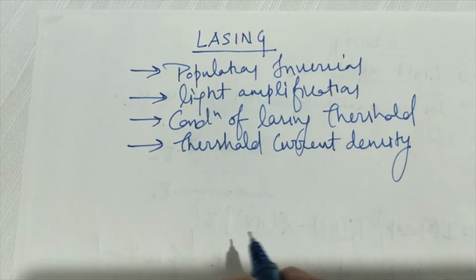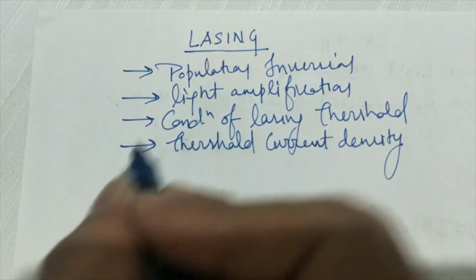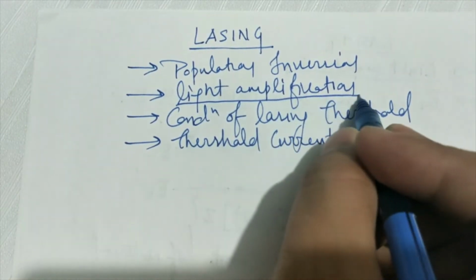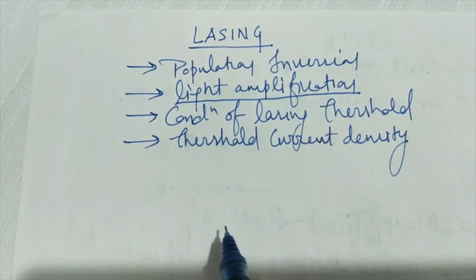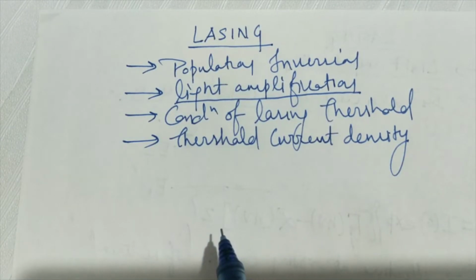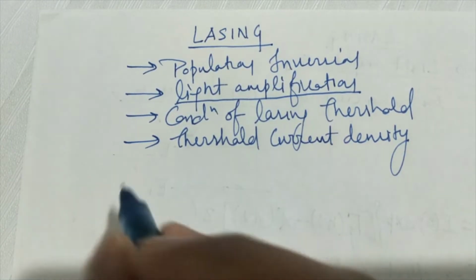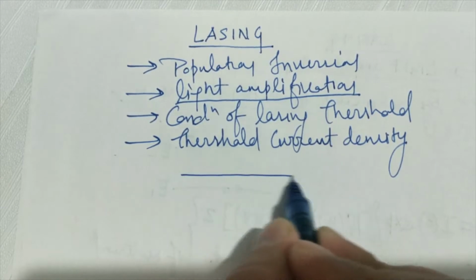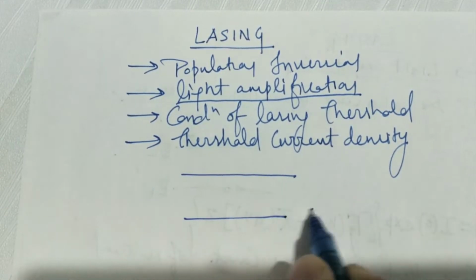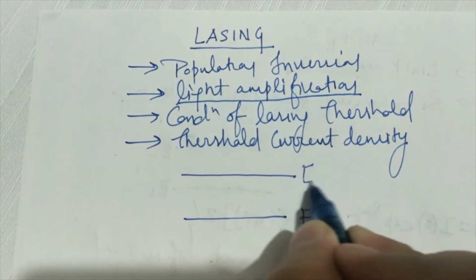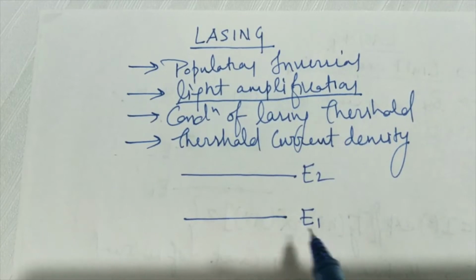Now basically lasing is light amplification. We are doing light amplification to achieve population inversion. Population inversion means we have two energy states, lower and higher energy state.